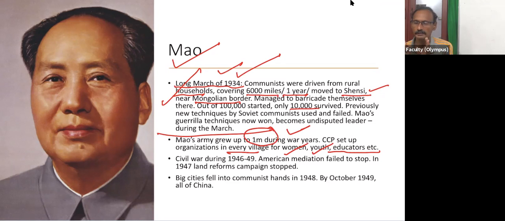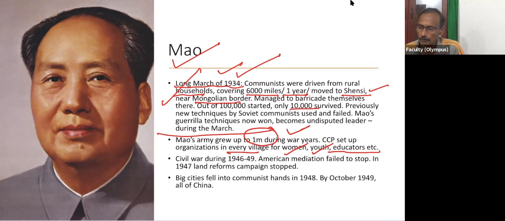America was aiding the nationalist government, giving money, giving weaponry, but the government was not giving its best in its fight against the Japanese. It was reserving its best to fight against the communists. Okay, so this unequal fight that the communists and the nationalists gave against the Japanese brought so much difference in the levels of popularity.